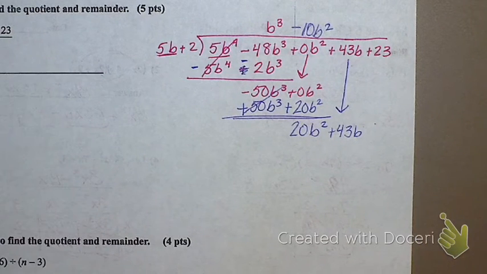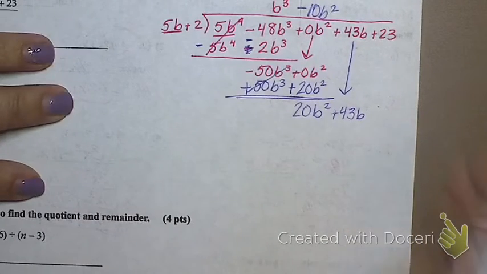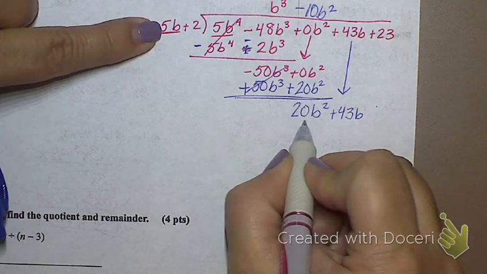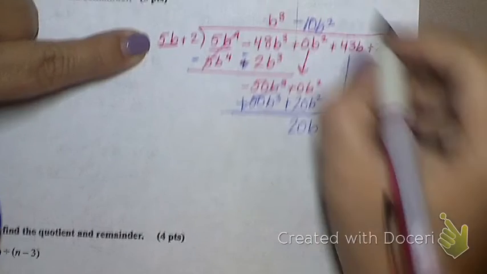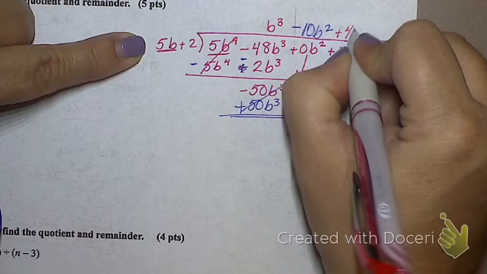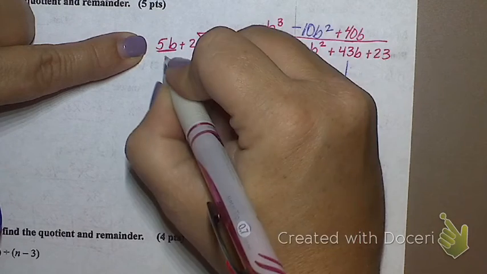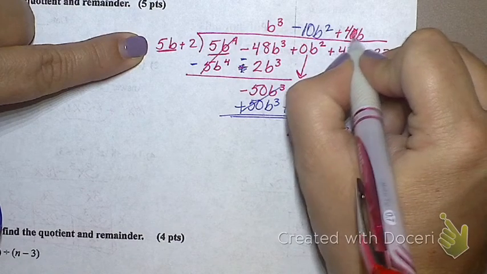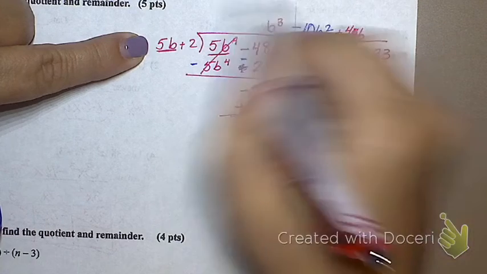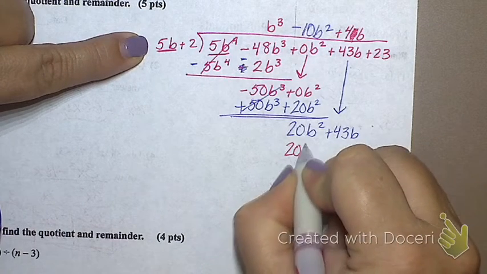End of cycle 2. Cycle 3, 5b times what gives me 20b squared? 4b. 4b times 5b is 20b squared.